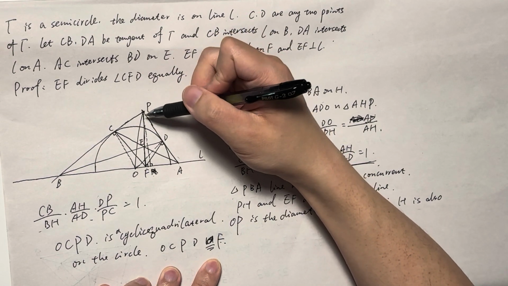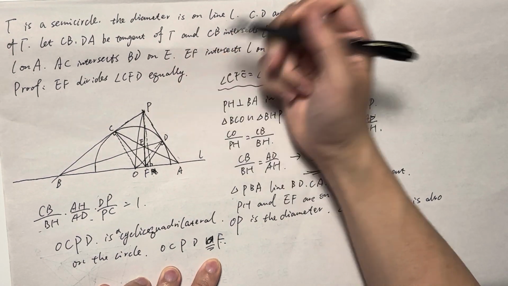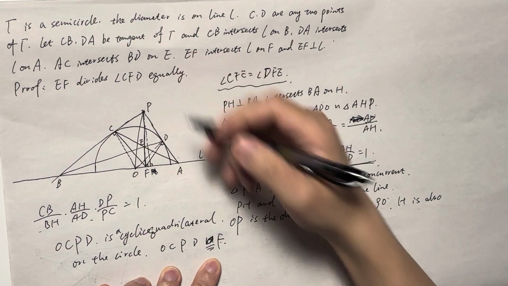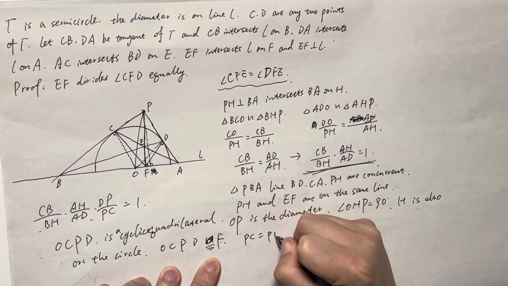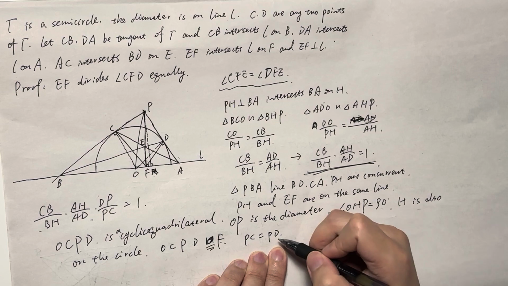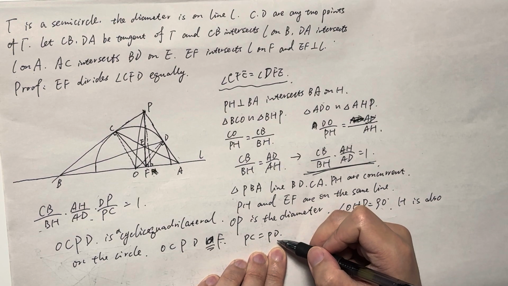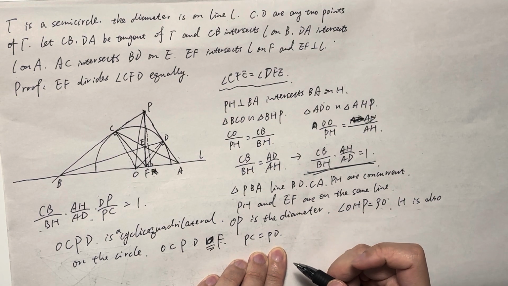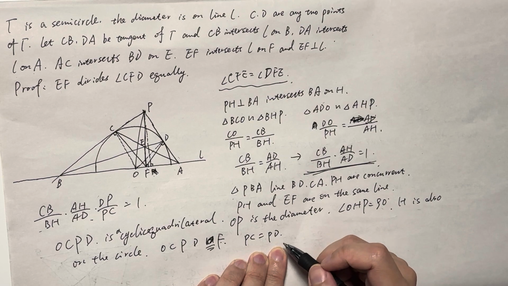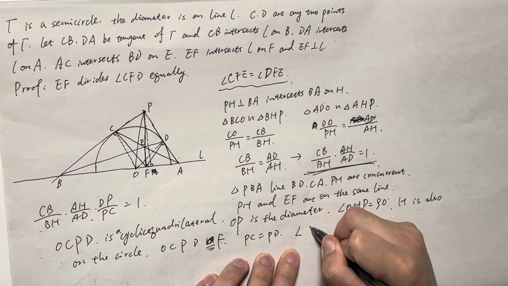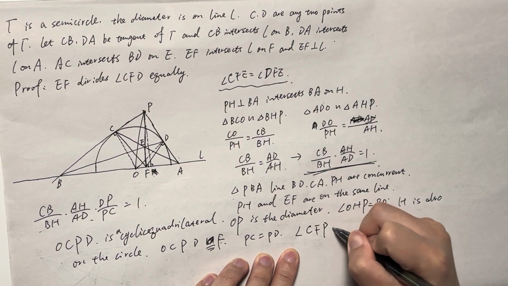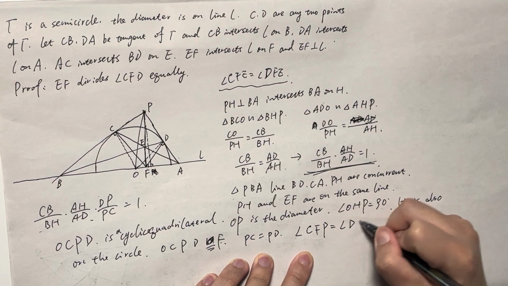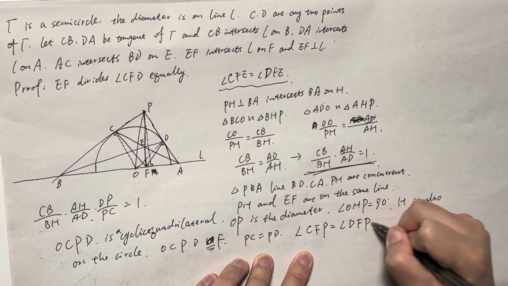Now we look at PC and PD. Because PC equals PD, they are equal chords on this circle, which means angle CFP equals angle DFP.